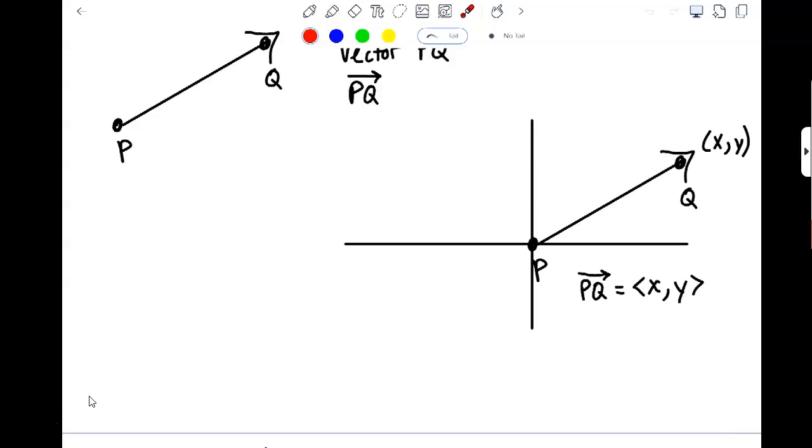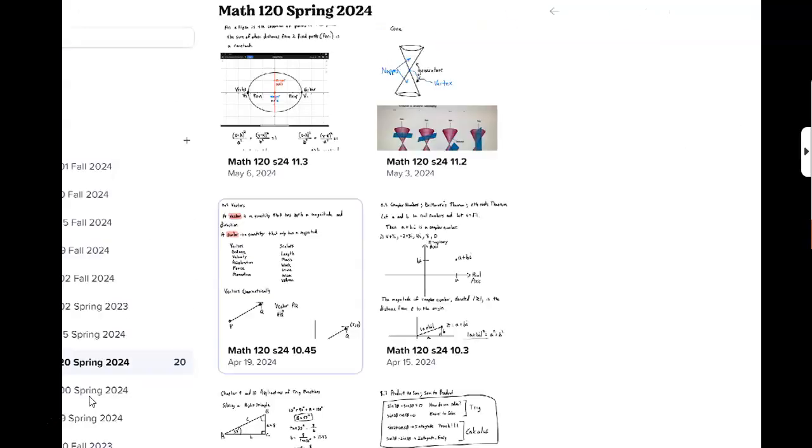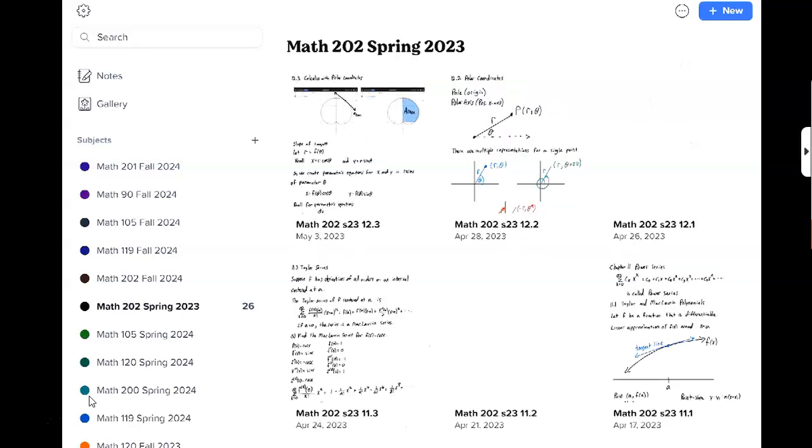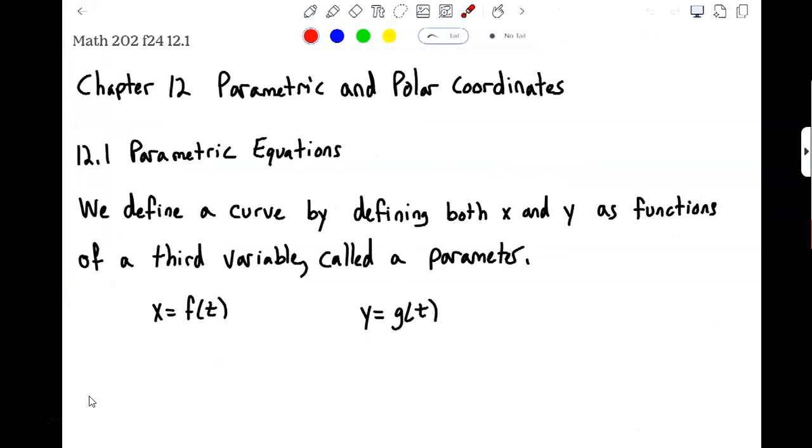And of course, you could go to parametric equations with three variables if you're doing something in three-dimensional space. That's the idea of what we're dealing with when we talk about a parametric equation.